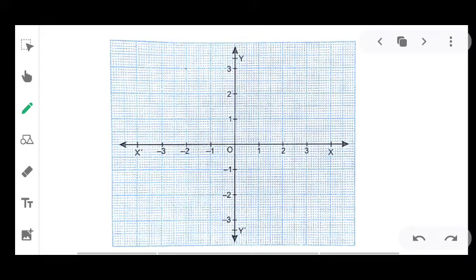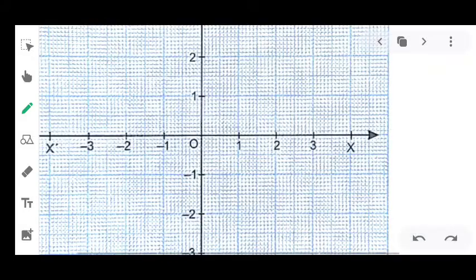Okay, so if a point lies on the x-axis or y-axis, for example, if you want to find out the coordinates of this point, the coordinate of this point will be 2 comma 0. So if you want to find out the coordinate of a point which lies on the x-axis, then its y coordinate will be 0.